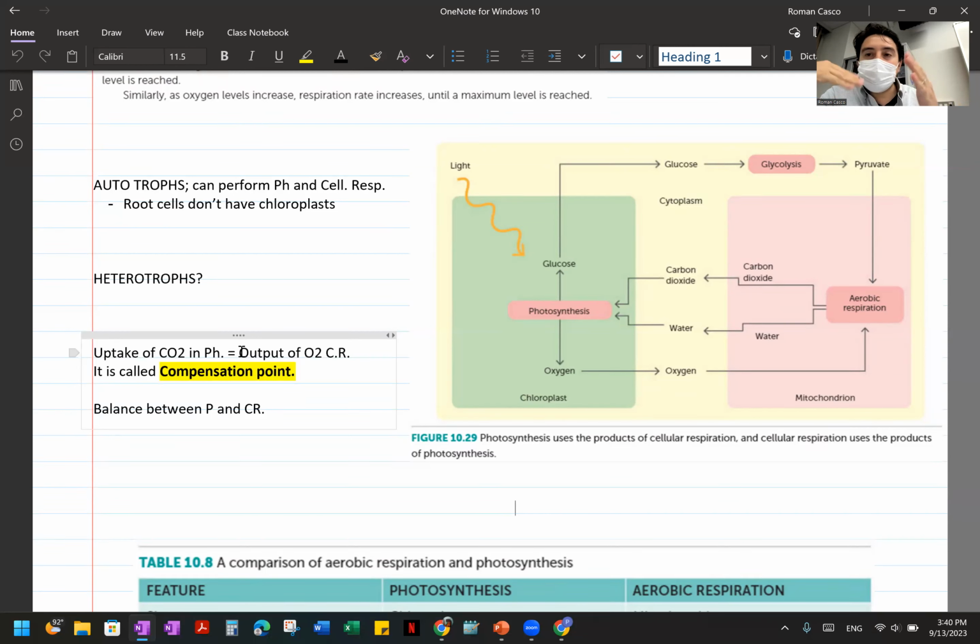The input equals the output. That is referred to as a compensation point, right? You essentially have a balance between the two molecules, right? So there's a nice balance between photosynthesis and cell respiration. You've reached a point of balance, right? It's referred to as compensation point.